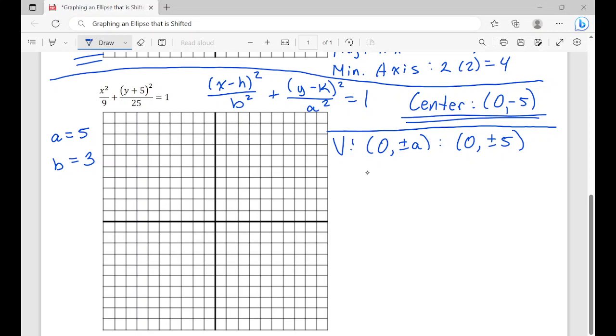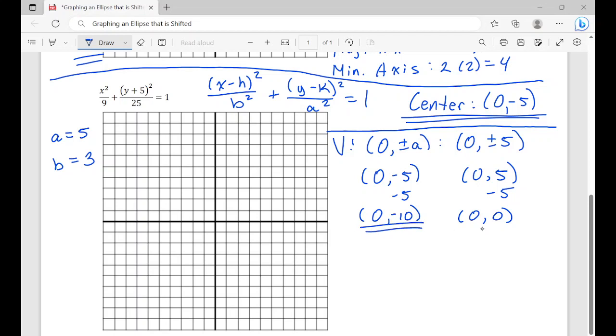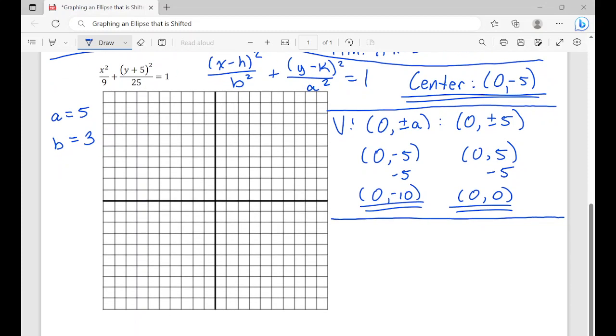So we have our 2 points, 0, comma, negative 5, and 0, comma, positive 5. We don't really need to add 0 to anything because 0 doesn't do much, but we can add negative 5 to both. So we subtract 5 here and get a new vertex of 0, comma, negative 10, and subtract 5 here, and we get 0, comma, 0. So we will have our 2 vertices at these 2 points.